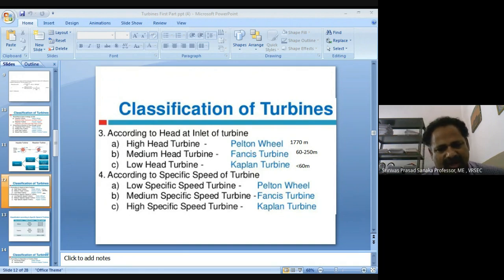So the third point I want to explain is, according to the head at inlet of turbine, turbines are classified into high head turbines, medium head turbines, low head turbines. This is about the third classification. Next classification is based on specific speed of turbine.